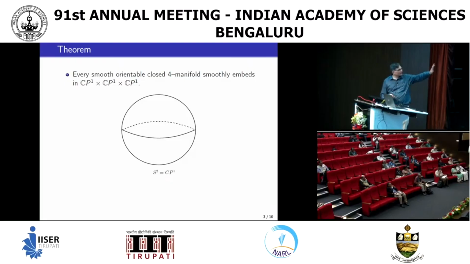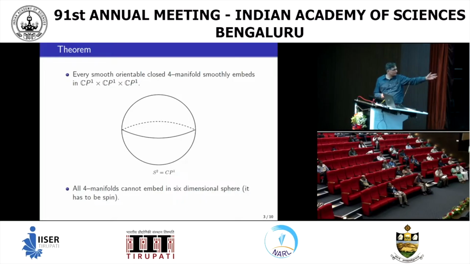And if I take the Cartesian product of this sphere with itself three times, then that's the space I am considering. The statement is that every four dimensional manifold, or every four dimensional geometric space, embeds inside a product of three of these round spheres. It is known that not all four dimensional manifolds can embed inside a six dimensional sphere.